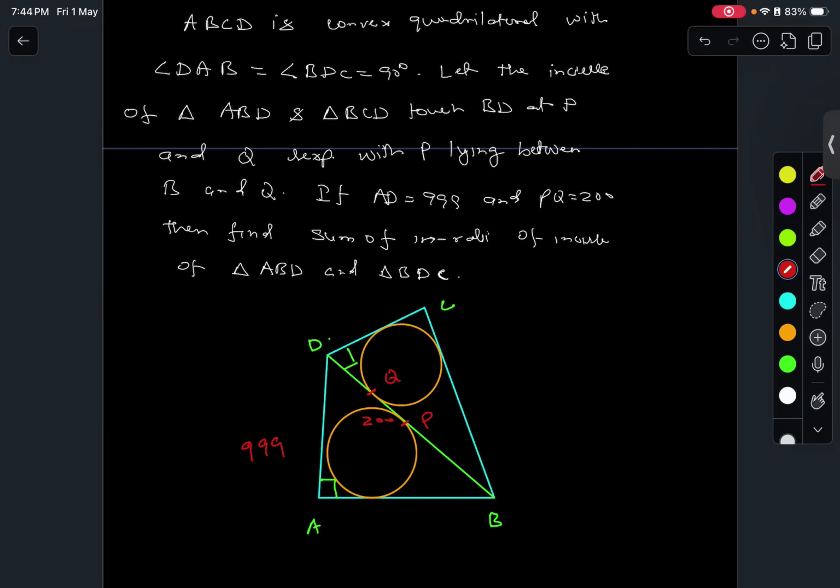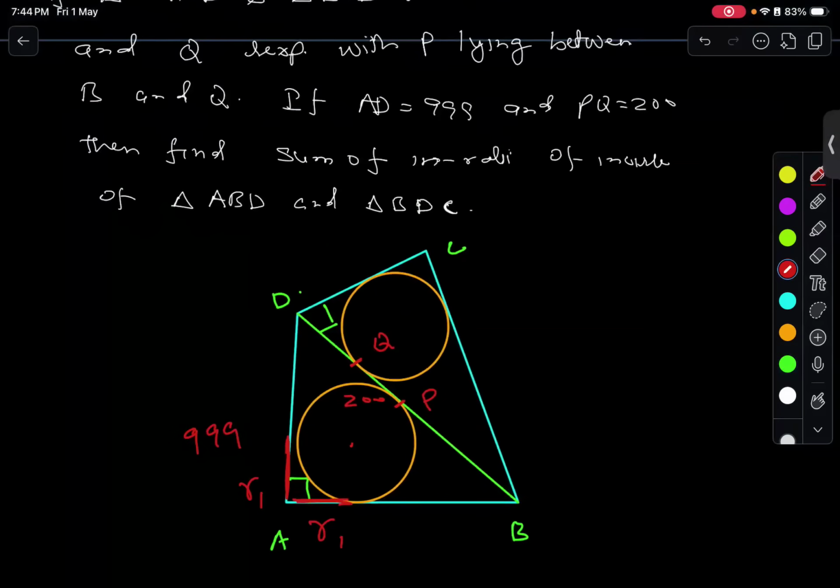The sum of the inradii, R1 and R2. Let this be R1. So can I say this length is R1 and this length is R1? Fair enough, both lengths are R1. Similarly, this length is R2 and this length is R2.